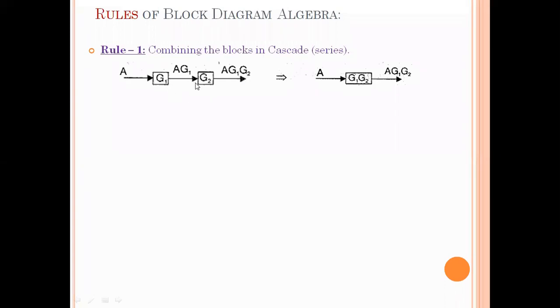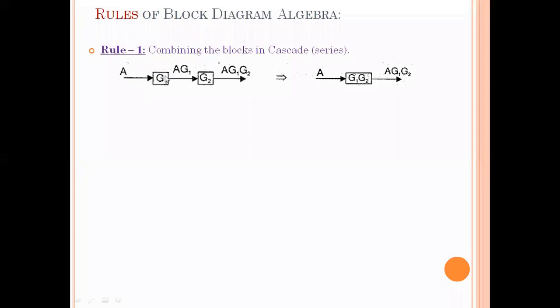The two blocks are connected in cascade connection, which is also called a series connection. Now this input A is going into the block G1, so G1 is the gain of this block.